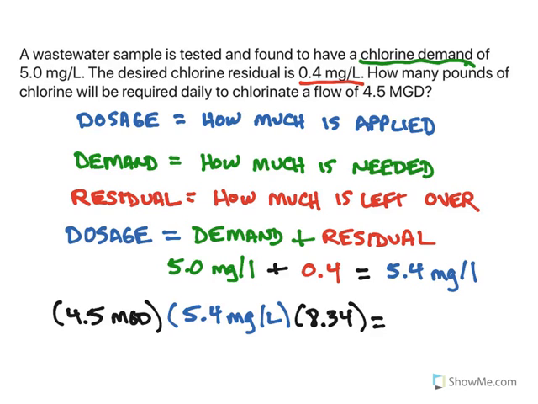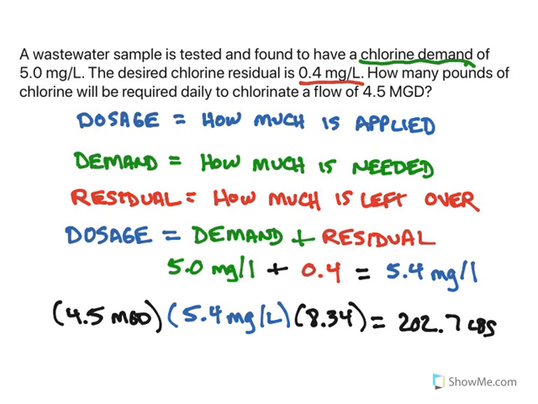So let me go ahead and do the multiplication here real quick. So 4.5 times 5.4 times 8.34, and I come up with 202.7 pounds.